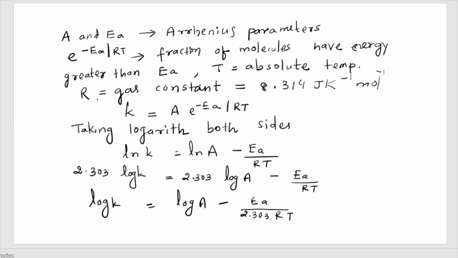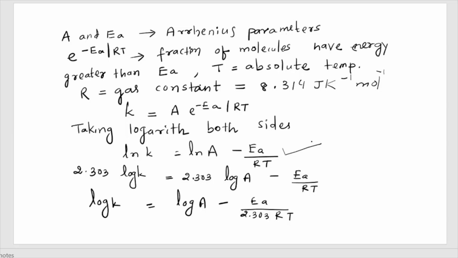If you take the logarithm on both sides, ln K equals ln A minus EA by RT.